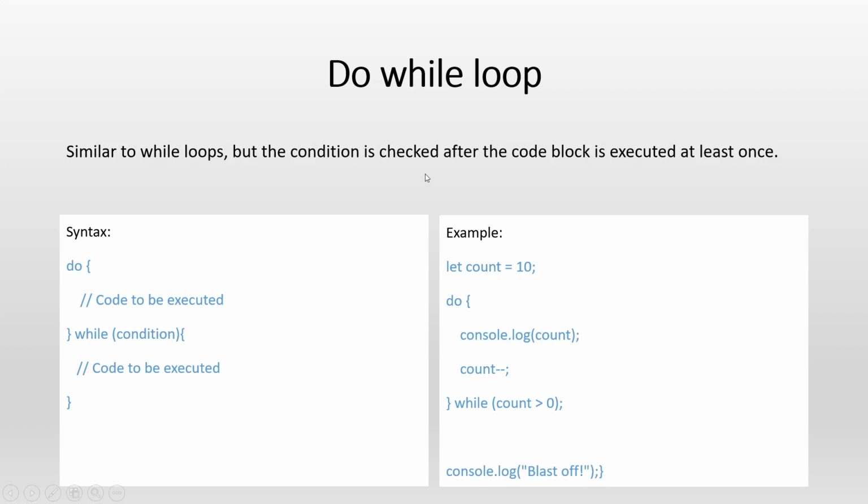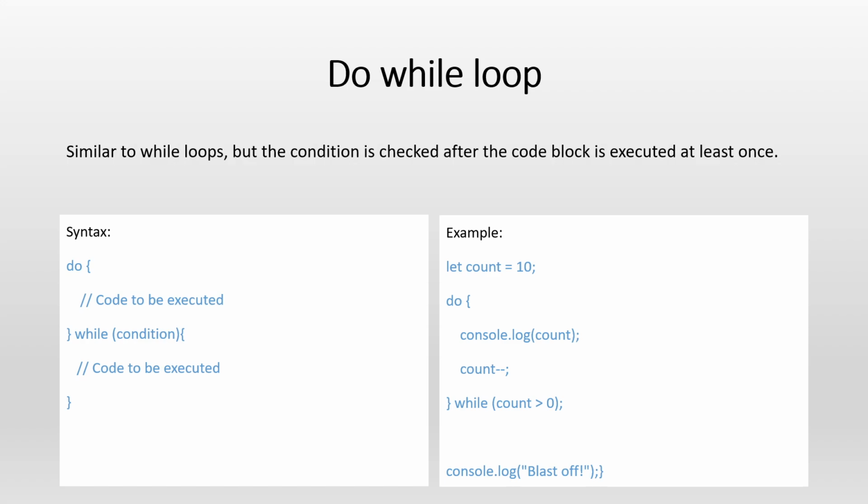Here, whether the condition is true or false, it doesn't matter in the do while loop. In the do while loop, the code is going to get executed, whatever it may be.